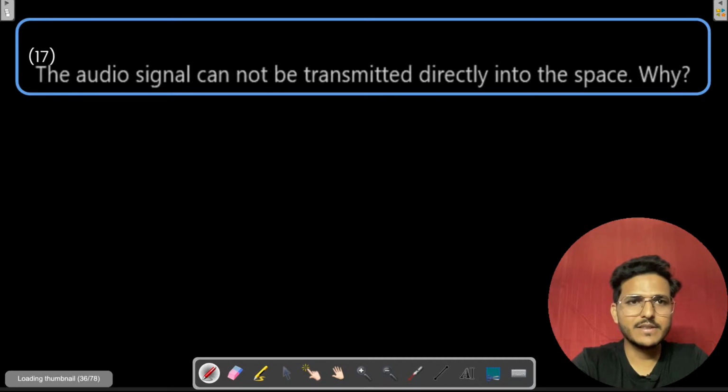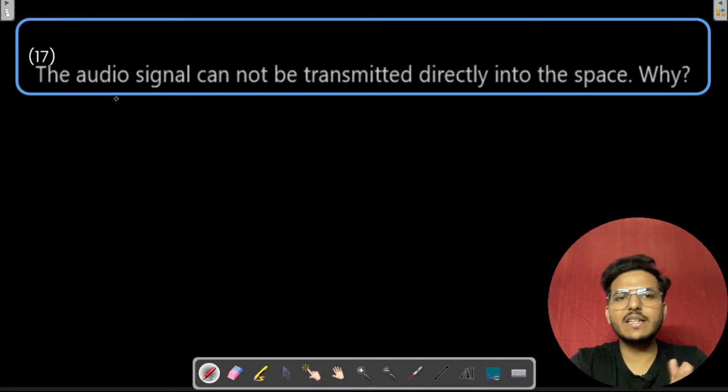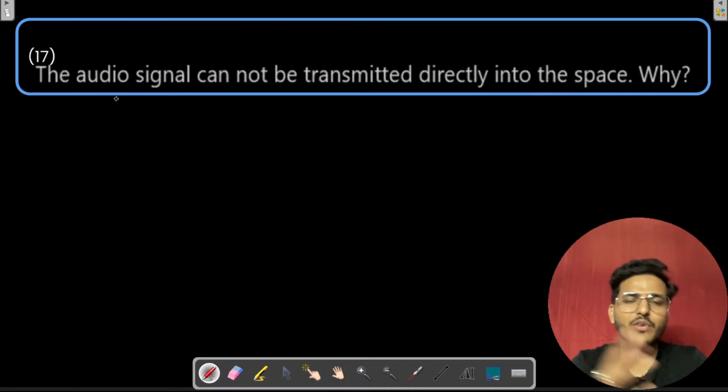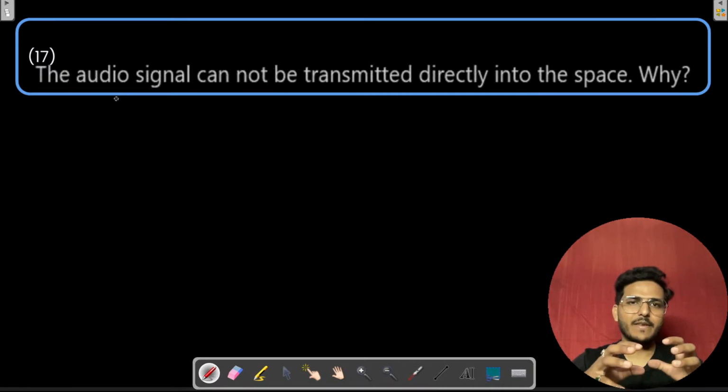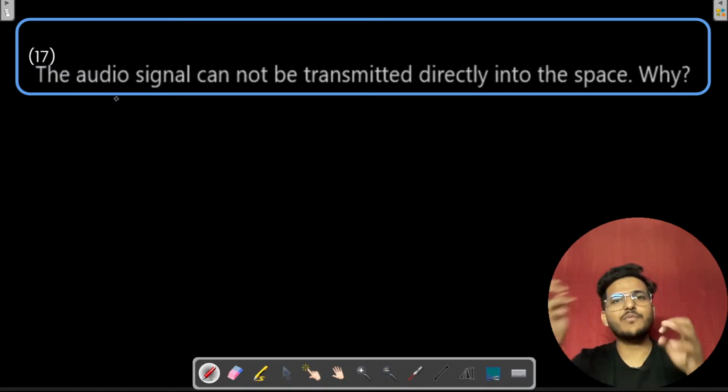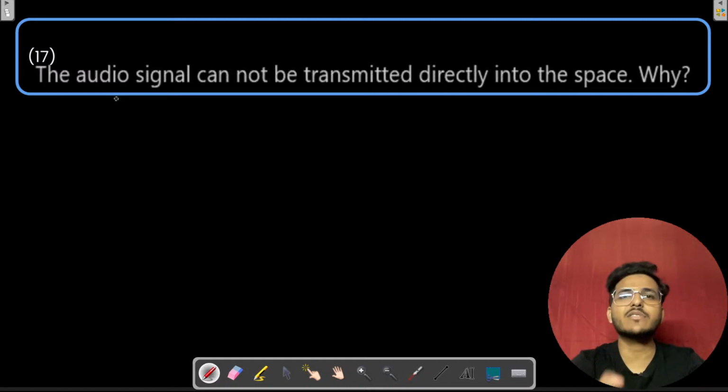Now, the audio signal cannot be transmitted directly into space. Why? There are a lot of reasons. First, audio signals do not have as much power as we want in order to transmit from one place to another, so we use a carrier wave to transmit the signal from one place to another. Second, there is a lot of noise.